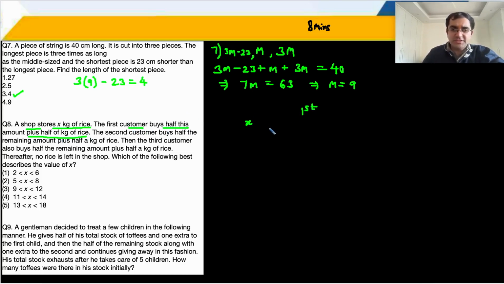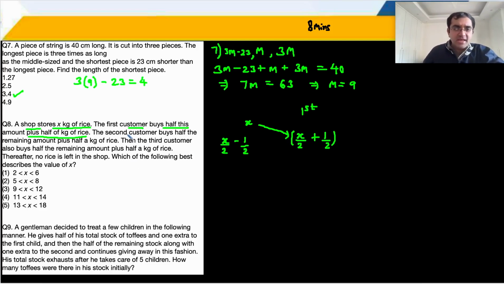So the first customer gets half this amount, X upon 2 plus half kg rice. Right? So if this quantity has gone to the first customer, then what is left? Subtract these two. Subtract X and X by 2 plus 1 by 2. So you get X by 2 minus 1 by 2.